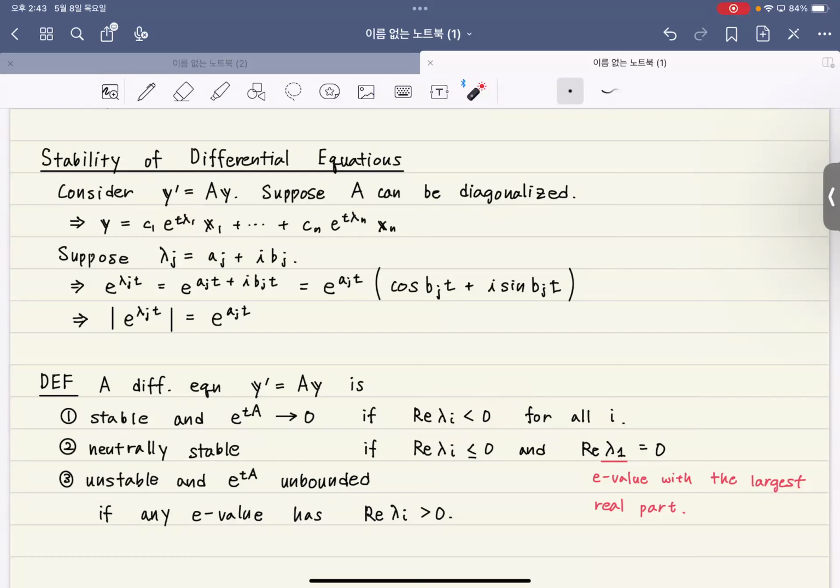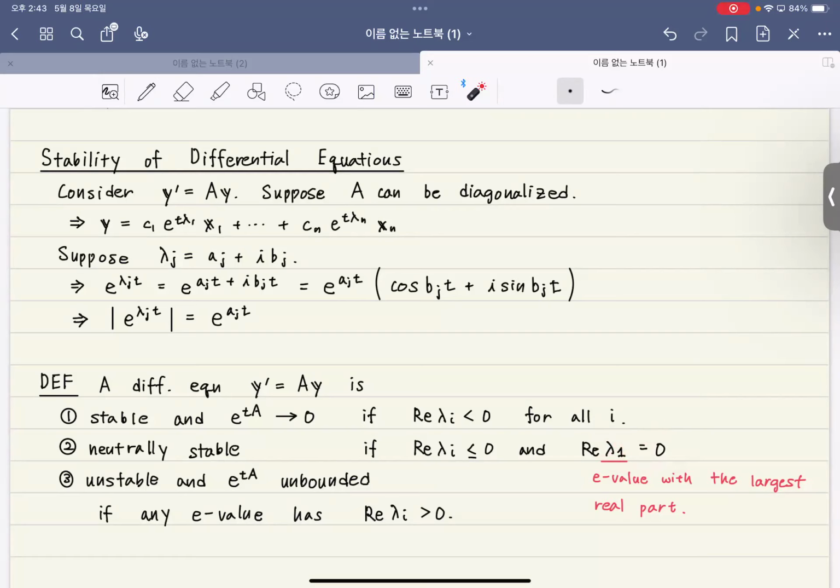On the other hand, suppose that most of the eigenvalues have real part less than or equal to 0, but also suppose that there are some eigenvalues whose real part is precisely 0, right?